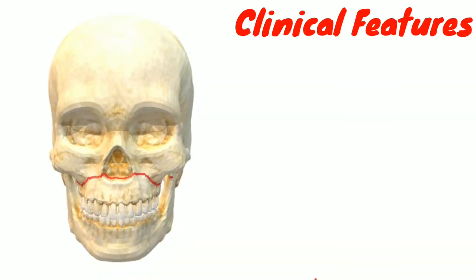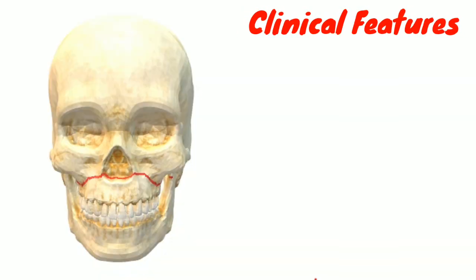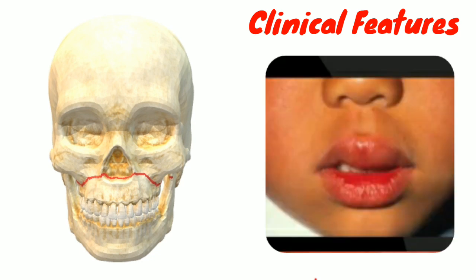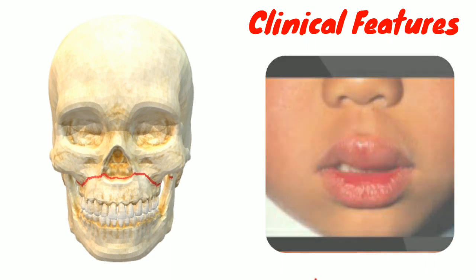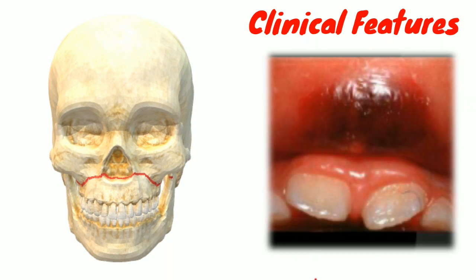Now let's see what are the clinical features of this Le Fort 1 fracture. Usually you will see swelling or edema involving only the lower part of the face. It is not going to cause any gross disfigurement of the face. We will see ecchymosis associated with the labial mucosa.